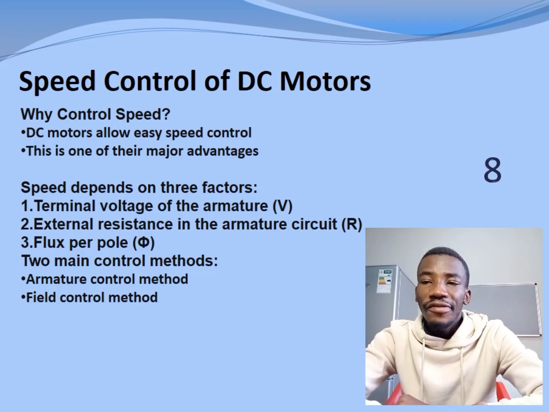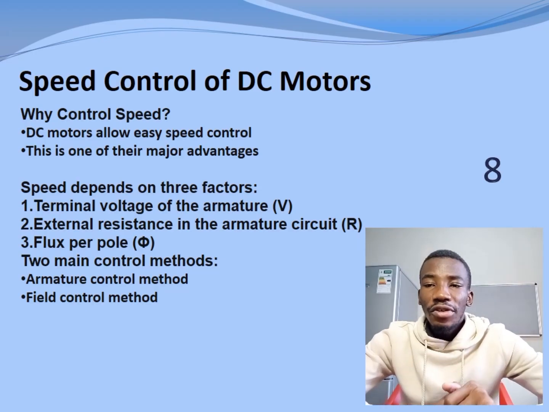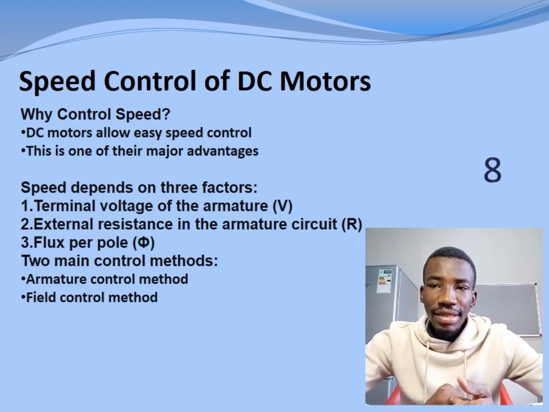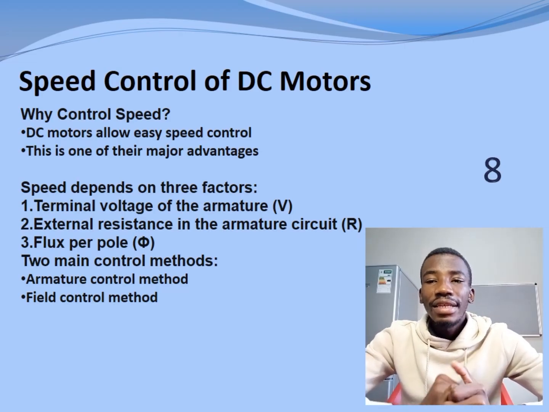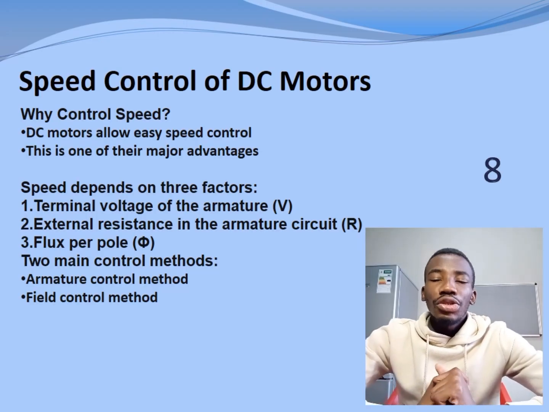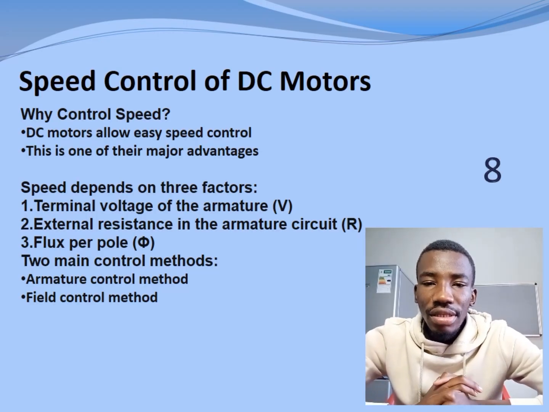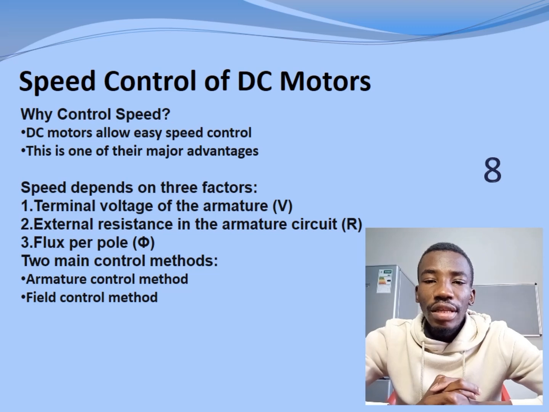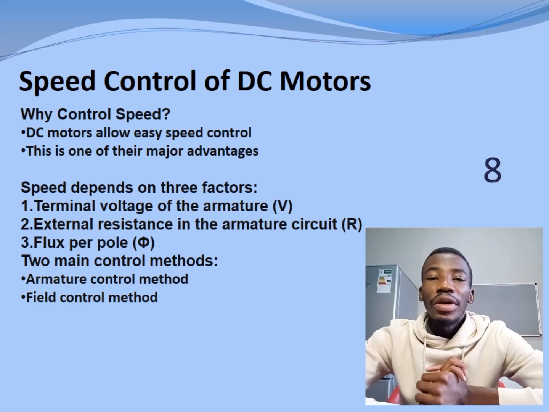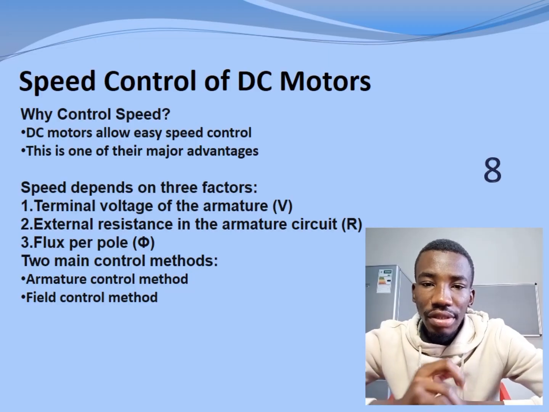Speed depends on three factors: number one, the terminal voltage of the armature; then the external resistance in the armature circuit; and thirdly, the flux per pole. There are two main control methods. The first is the armature control method, then we have the field control method.